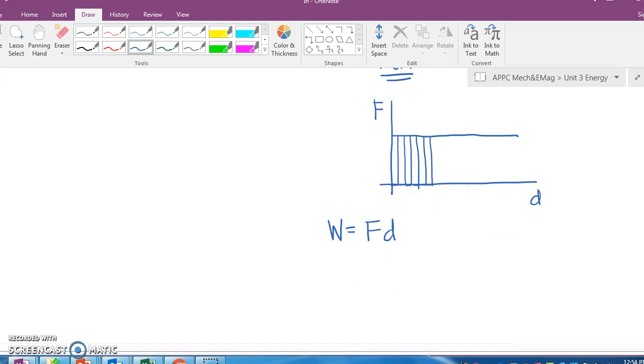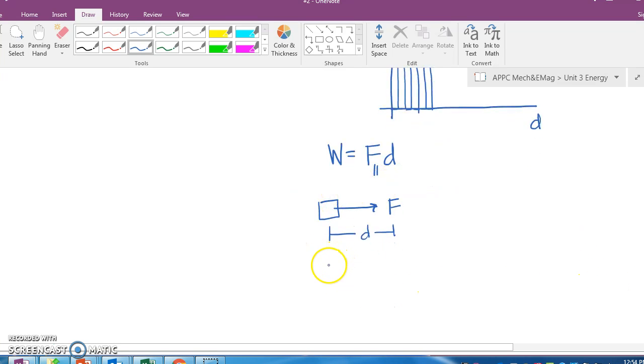So when the force is nice and parallel, here's your object, and we're going to pull on it with a force F, for a distance of D, so that all of that force is going to move the object. Then we'll define this force as being parallel to the distance, and all the work is done by that whole force.